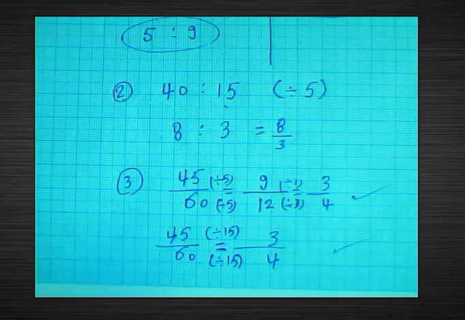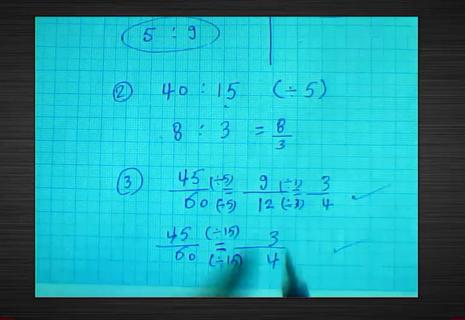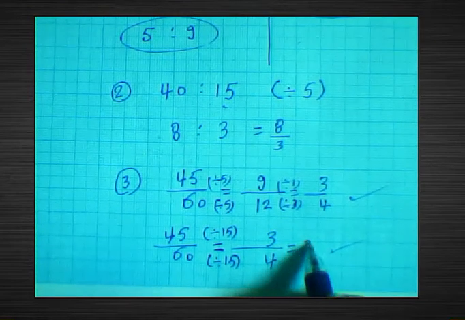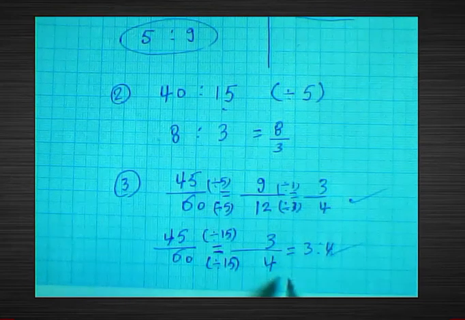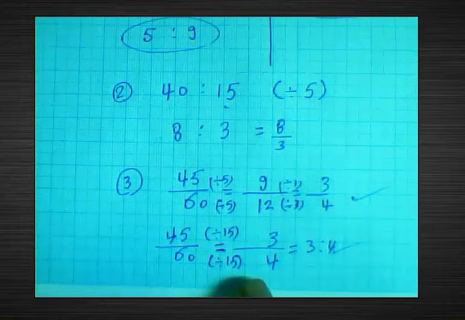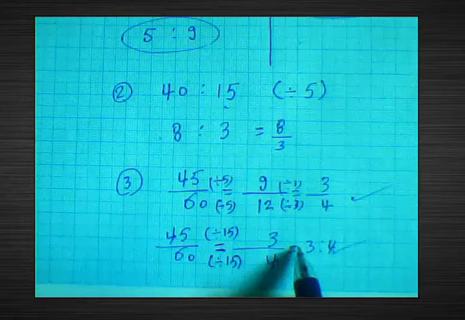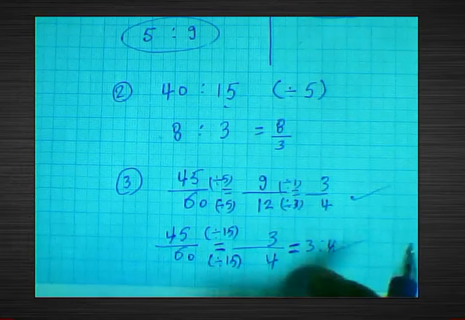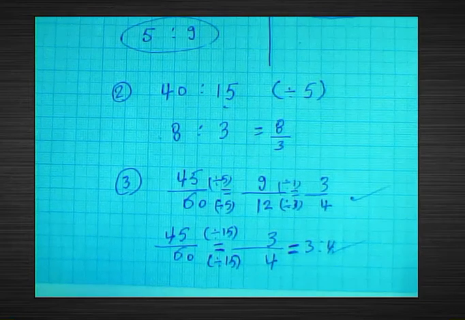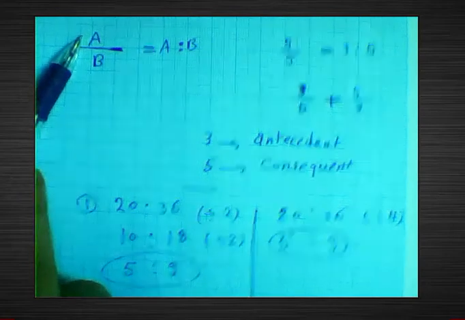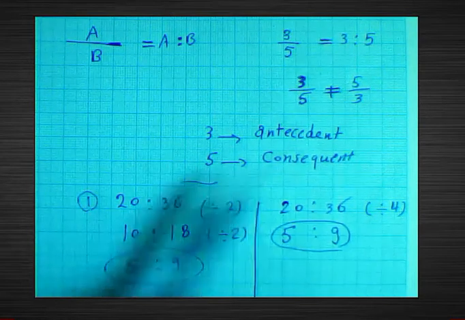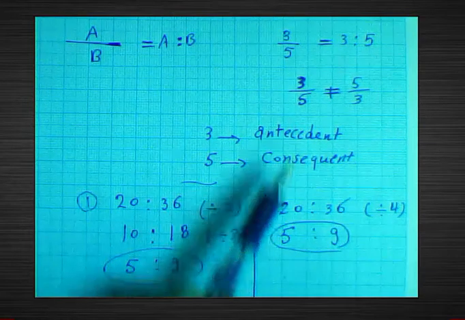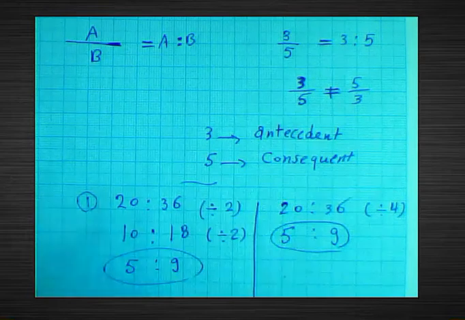The first number to the second number, 3 to 4, or 3 over 4, or we write 3 to 4. It's true, and this is another form of the method. Again, the first number over the second number, we can write it as A to B. 3 is called the antecedent, 5 is called the consequent. 3 over 5 does not equal 5 over 3.